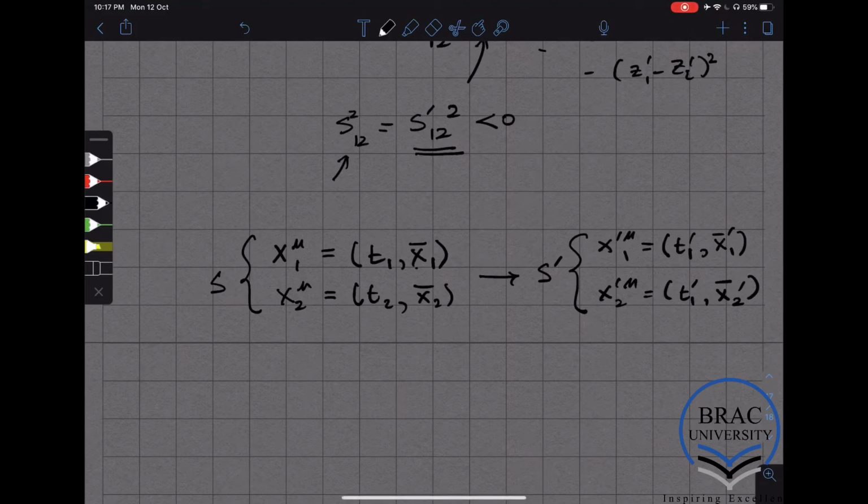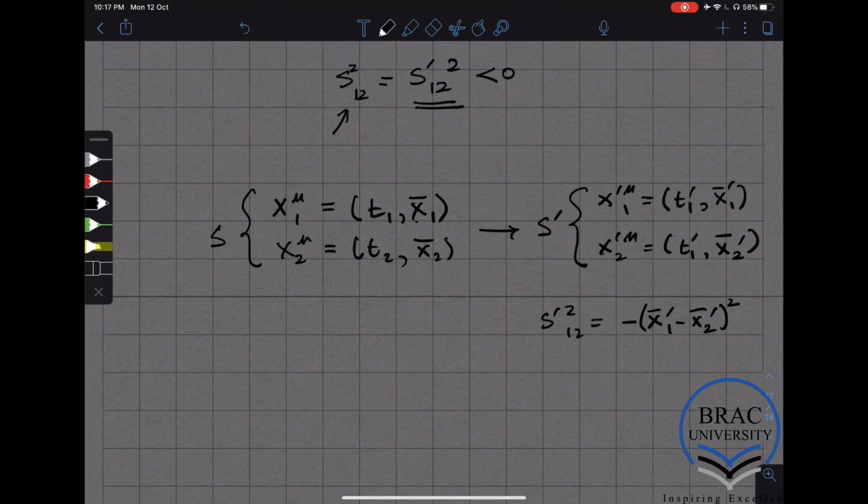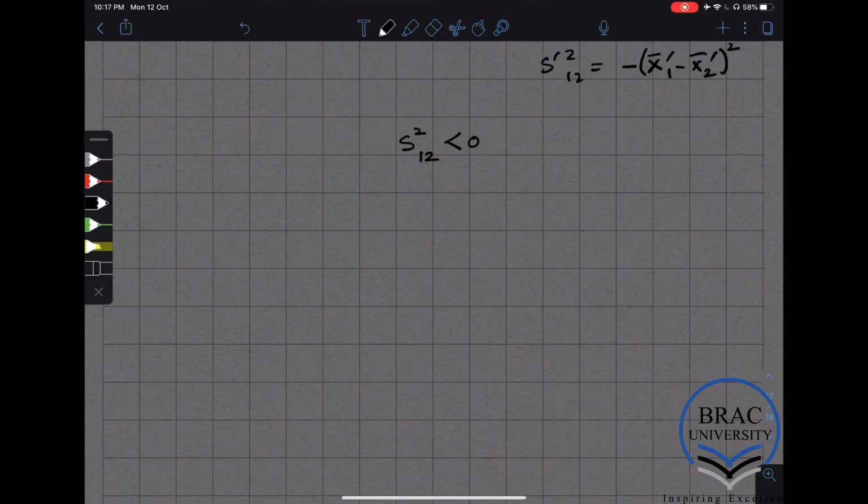If that is the case, then of course S prime squared of 1, 2 will have minus X1 prime minus X2 prime squared. And we found that this will happen if the square of the interval is negative. So any points whose interval is negative are called space-like separated.